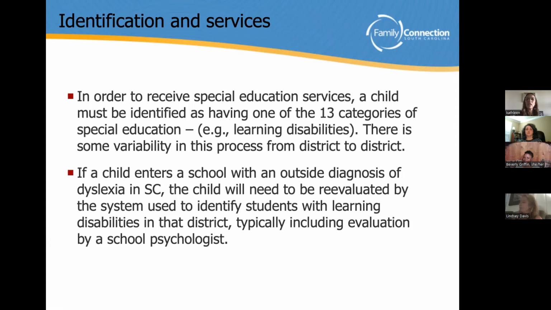Some schools will still use a discrepancy, looking at IQ and achievement tests. Most districts now are just looking at a comprehensive evaluation, including different types of achievement tests and reading assessments, et cetera. And so it's just important to know this and to not get upset that this is just the way it is here.